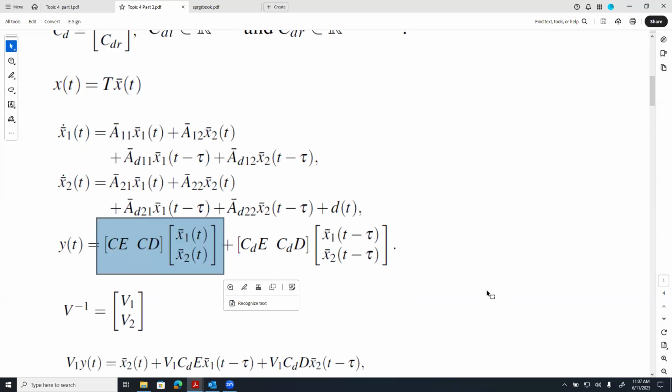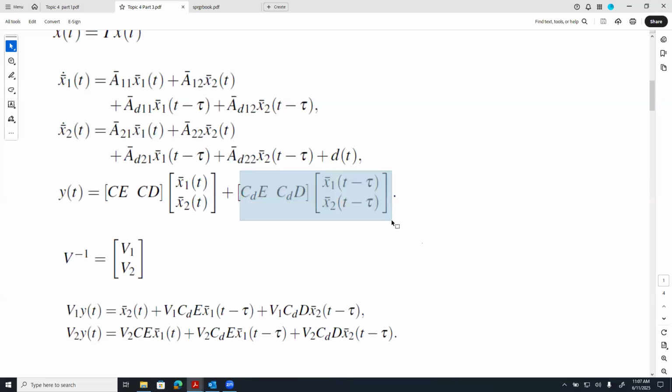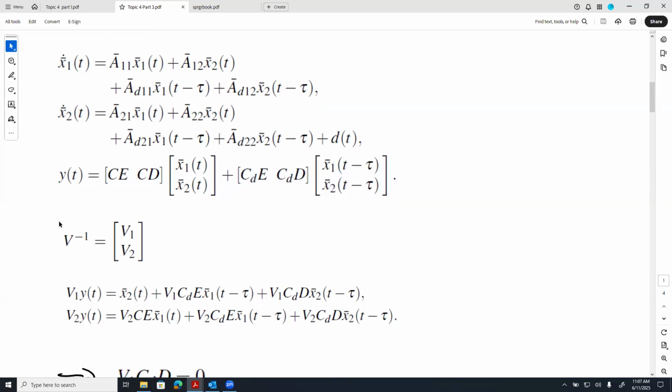We also arrive at another term in here, and that is linked to the delayed state vector. And so, as usual, we go ahead with employing an invertible matrix V with a specific structure like C times D and P, where P is of a particular structure. We're going to get two submatrices, V1 and V2, and V1 has a special form. Remember that?